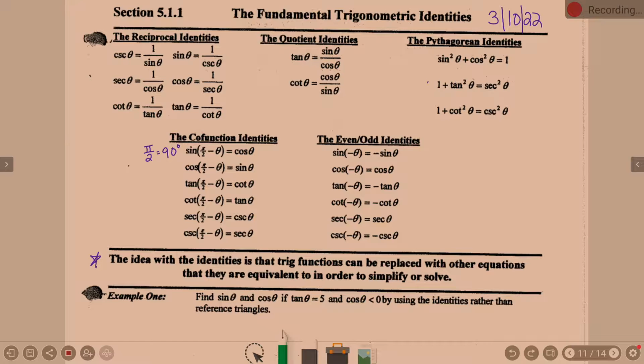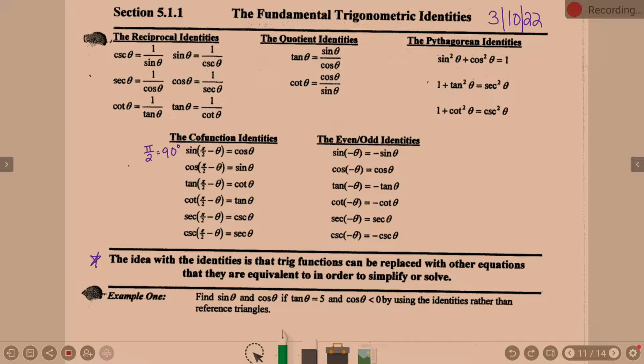Pythagorean identity. Okay, could we use another Pythagorean identity? We know cosine. Could we put that in the top one and use it to find sine? That is one option. What's my other option?